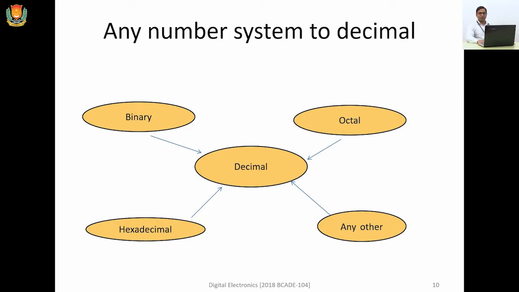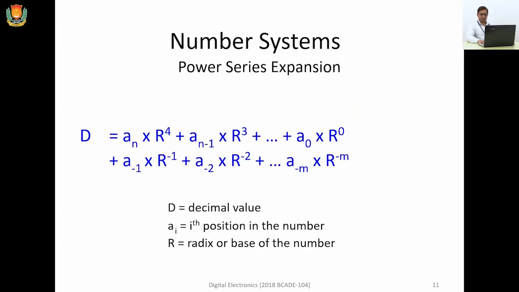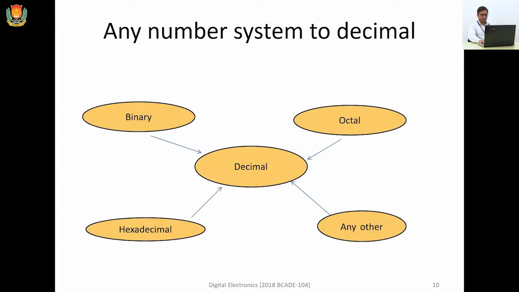Suppose I want to introduce a new number system which contains 9 symbols only. So we can use 0 to 8, the 9 symbols, and if it has any applications, it may become famous in future. Okay, the first conversion is any number system to decimal number system.